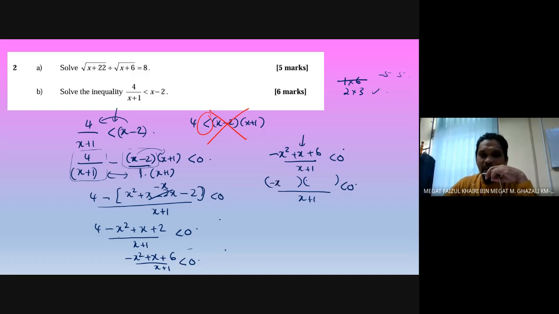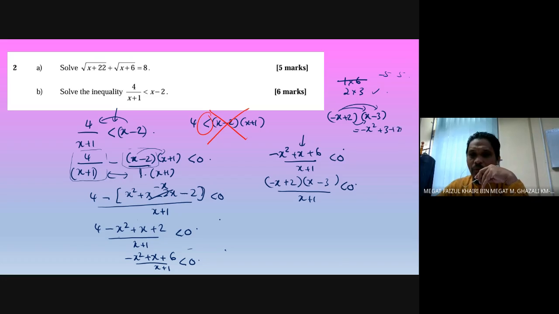So negative X and X. And then minus 3 plus 2. Okay, let's try. Negative X plus 2 times X minus 3. Negative X times X, negative X squared. Negative X times negative 3 equal to positive 3X. 2 times X equal to 2X. And then 2 times negative 3 equal to negative 6.